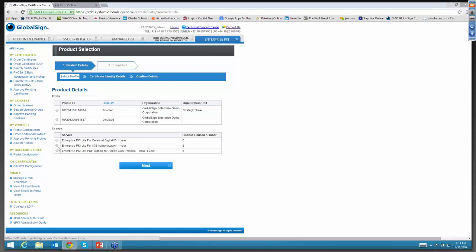We also have specialized credentials for iOS, which can be pushed out to iPads, iPhones, any type of iOS-based device. These can be used to authenticate those devices to your corporate network or to applications as well. And then we have specialized credentials for Adobe Acrobat. Adobe has a program called the CDS, or Certified Document Service.